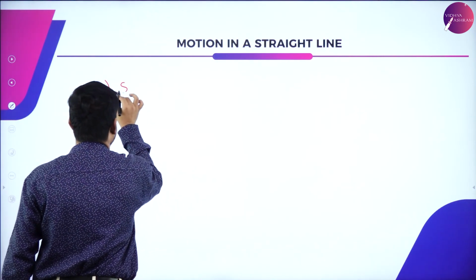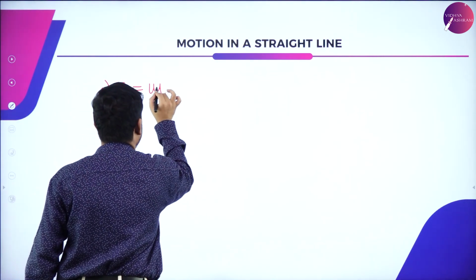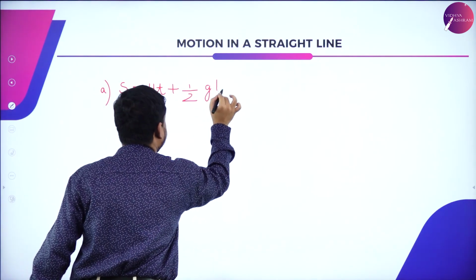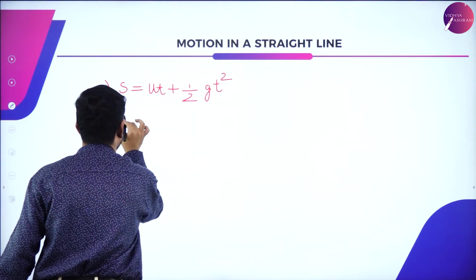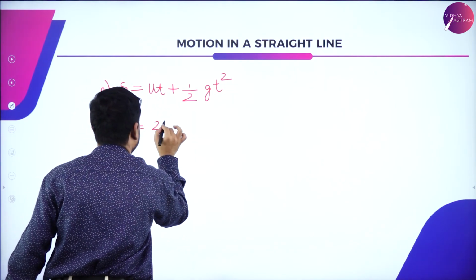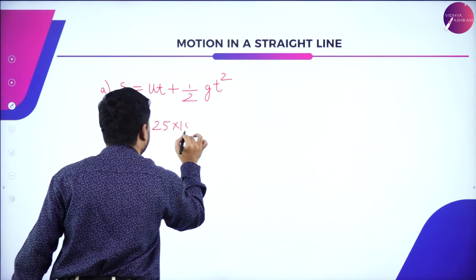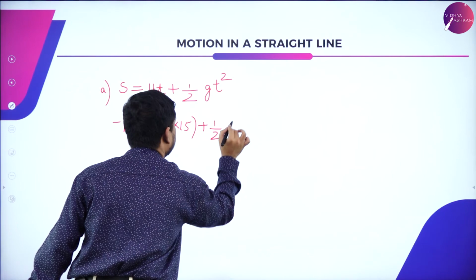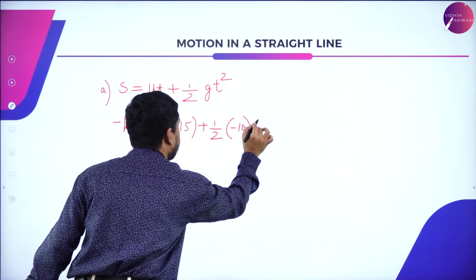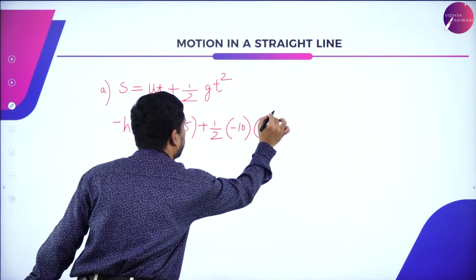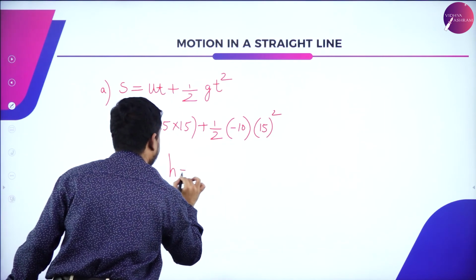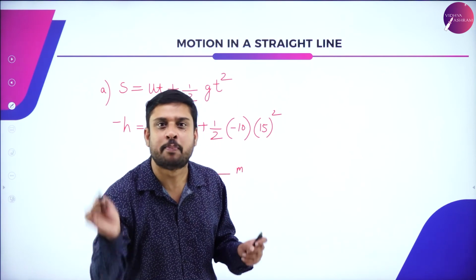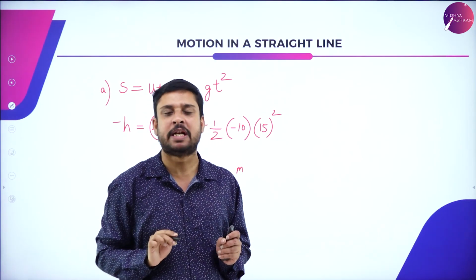First, S is ut plus half gt square. Minus h equals 25 into 15 plus half into minus 10 into 15 whole square. Calculate h. This is only a purpose that you adhere to simplification.